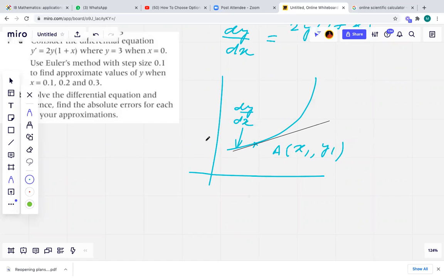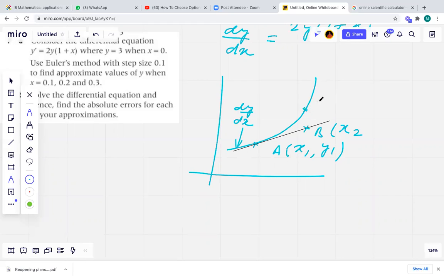From x1, y1 I go to a point x2, point B. Now point B, as you can see, is not on the curve, but I want a point on the curve. The coordinates of point B are x2, y2.